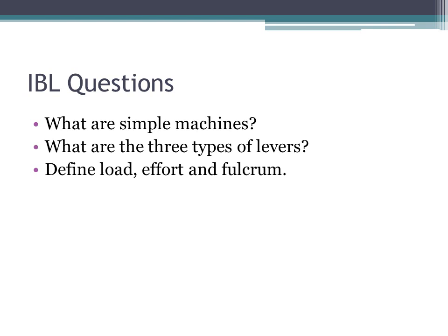The object that has to be moved or lifted. Effect, how much force you are going to apply to move the load. And what is the fulcrum? It is a fixed point around which the bar moves. So if you learn these IBL questions, today's topic will be clear for you.